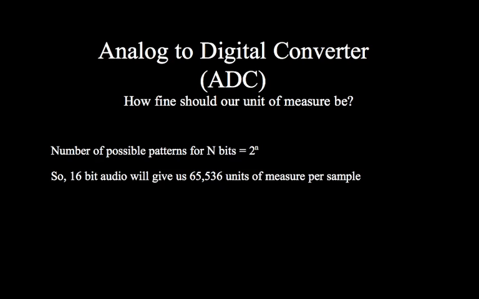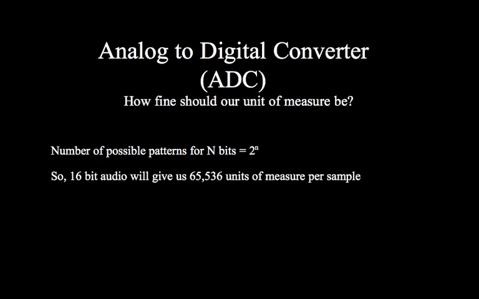Now, if we think about the logic of binary code, and we're talking about samples being a certain number of ones and zeros long, a sequence of ones and zeros gives you a certain number of possible combinations.